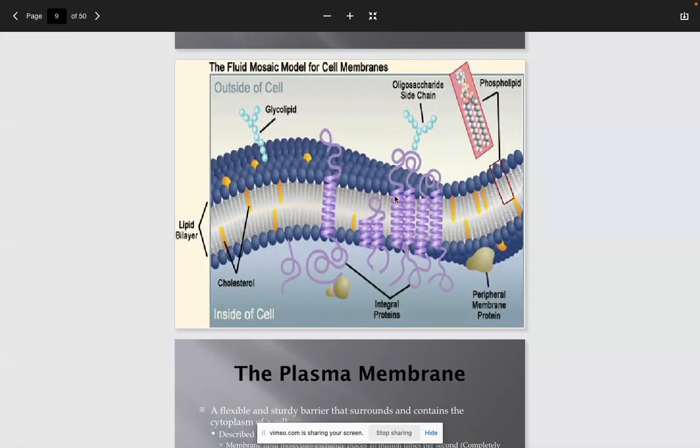This is spanning the entire membrane right here. Do you see this? It's going through both sides. You can imagine that an ion, something like chloride or sodium. Remember, ions are molecules with a positive or negative charge. They dissociate once they're in water. These would go through this transmembrane channel right here.